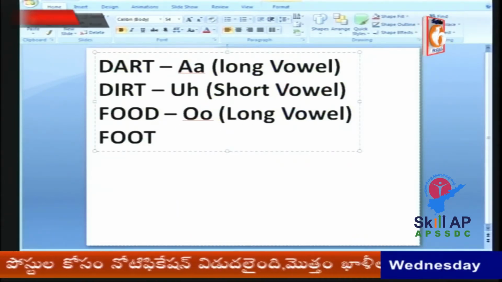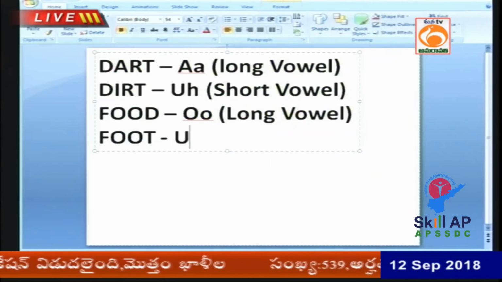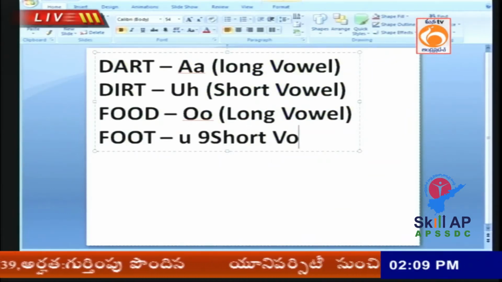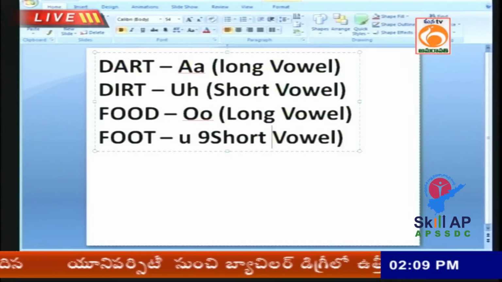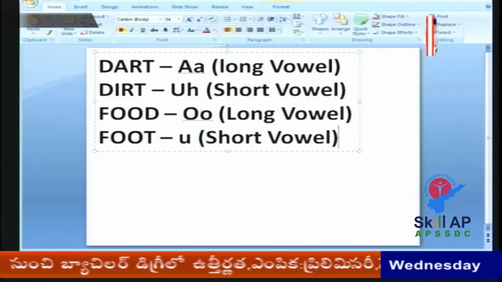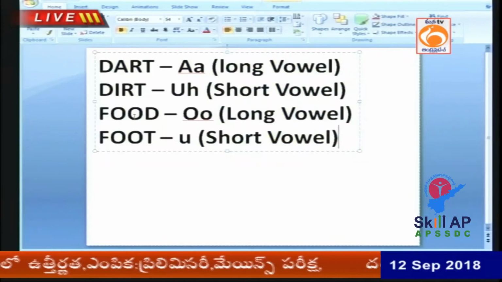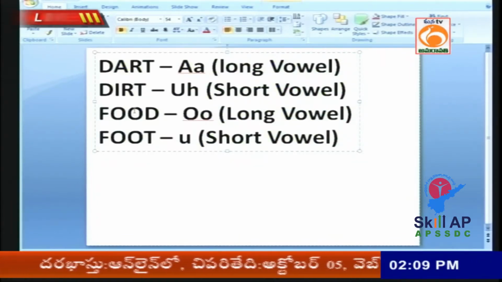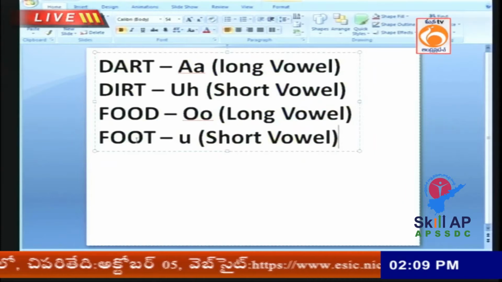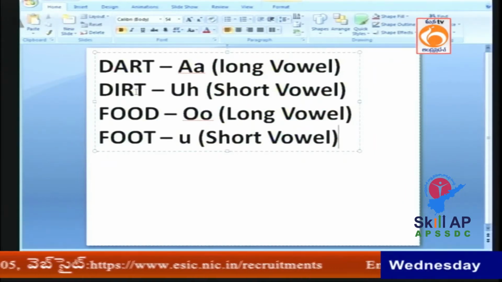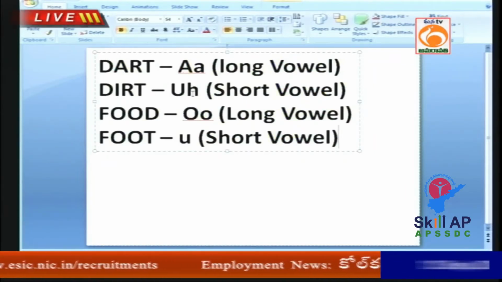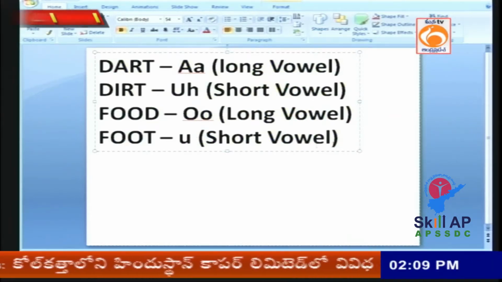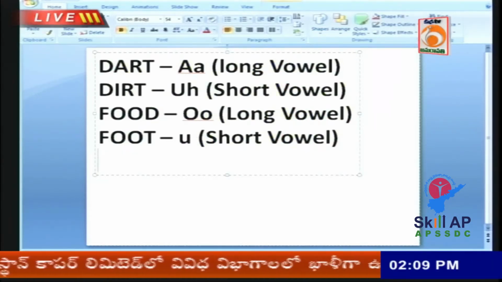Now if I have the word foot, this is the short vowel sound. You see the difference? The first one is food. The second one is foot. Please give me some food. I hurt my foot. Dart, dirt. Food, foot.